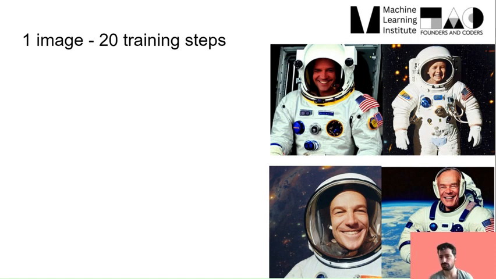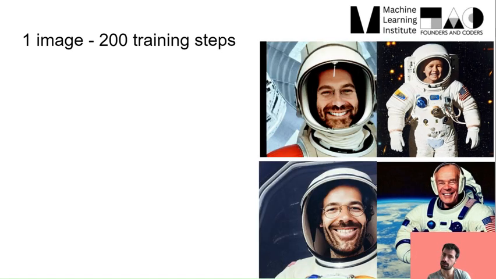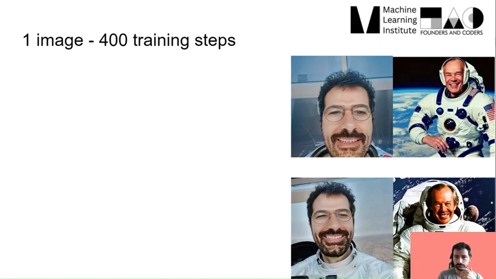You can see at 20 training steps, you cannot recognize me anywhere. But starting at around 200, you can see that we're getting the eyeglasses now, and the features, the beard, the dark features are starting to appear.